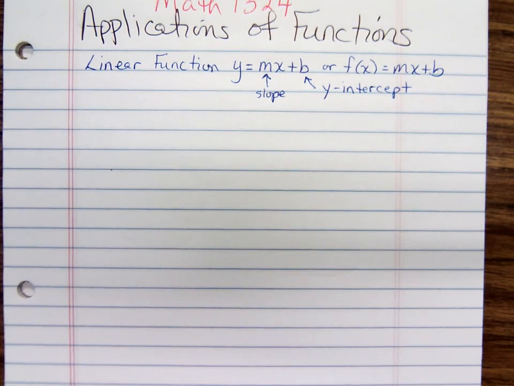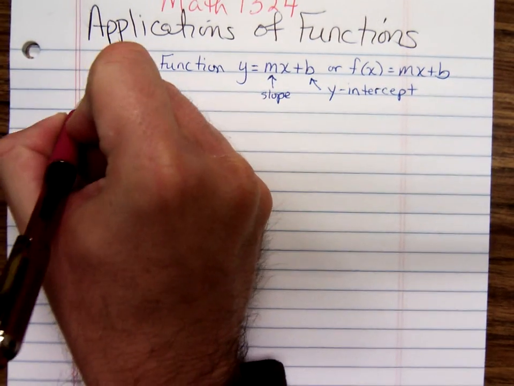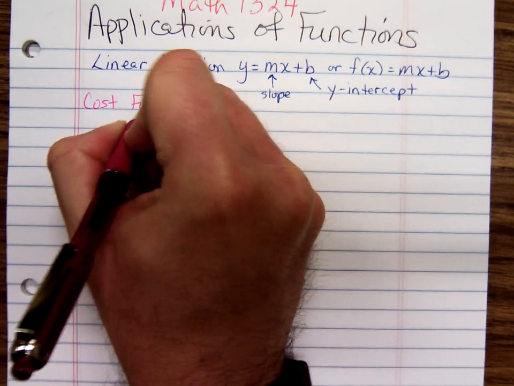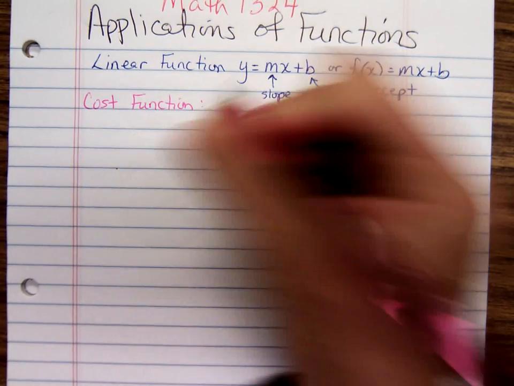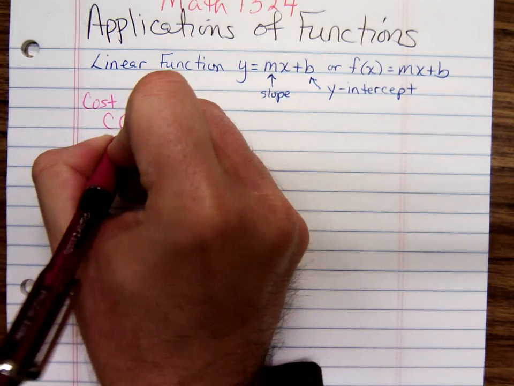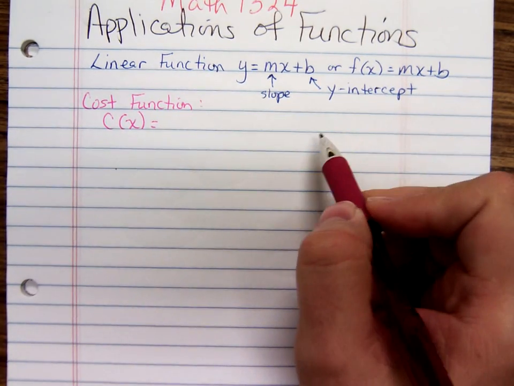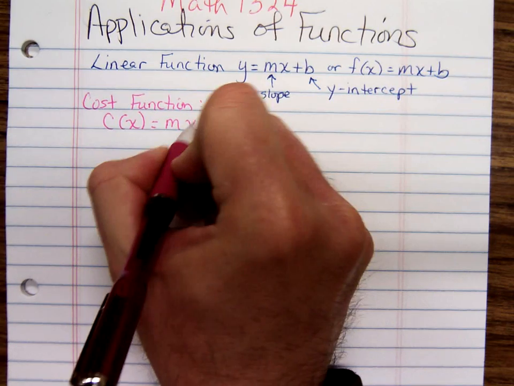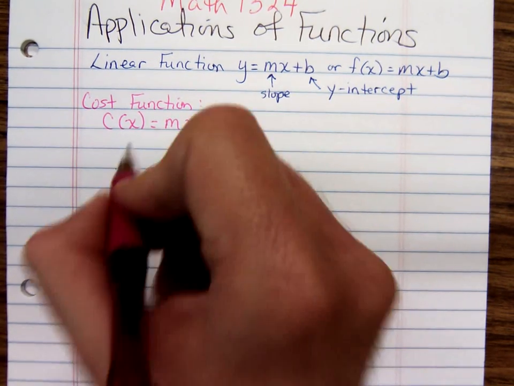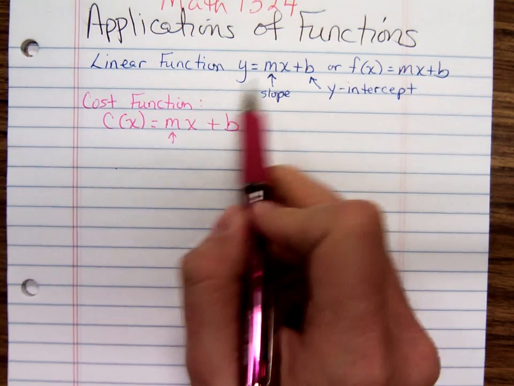Well, what we're going to do first is look at some particular linear functions that have business applications, in particular the cost function, the revenue function, and the profit function. The cost function is in the form c of x instead of f of x equals mx plus b, and this is where m, well, it's the slope of the line.